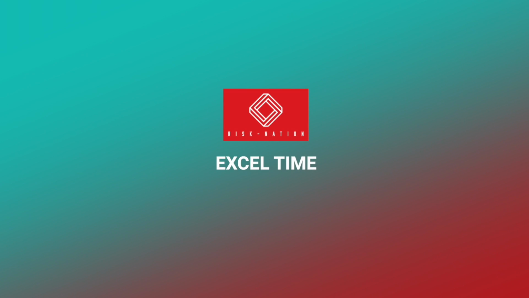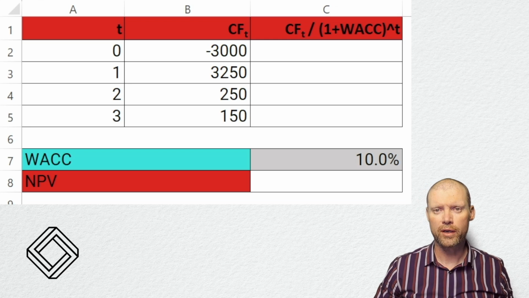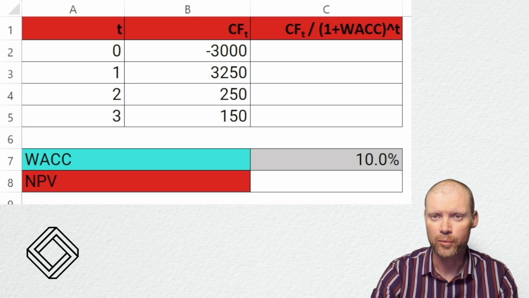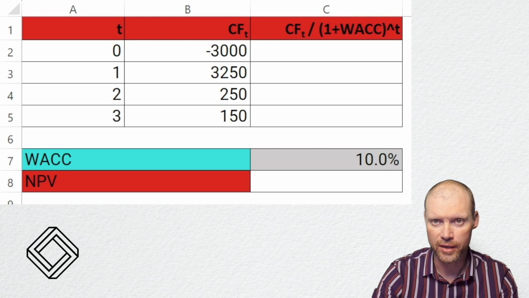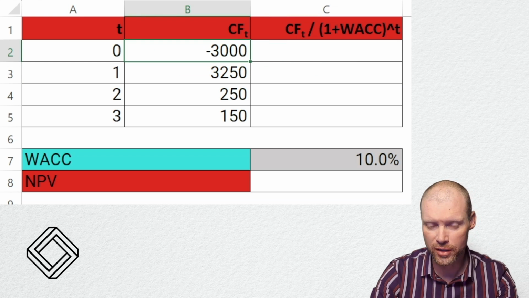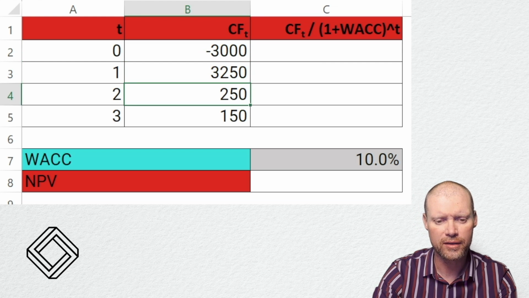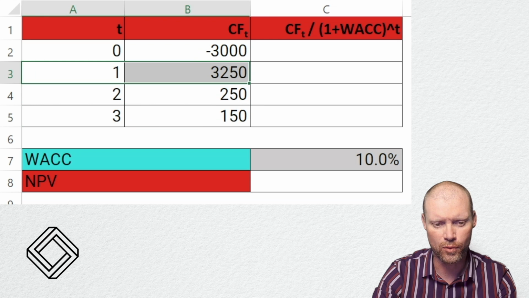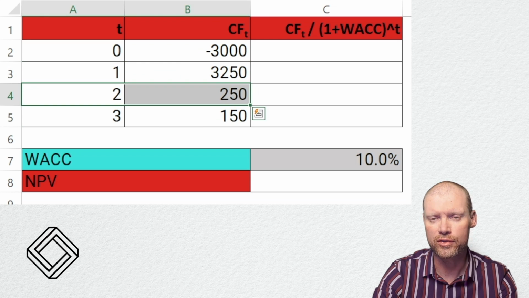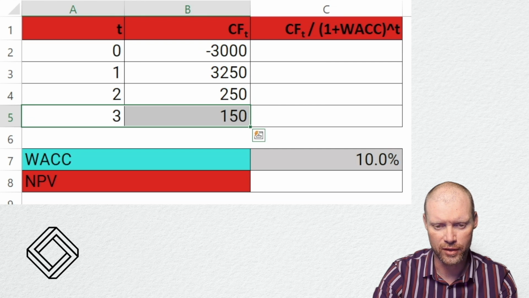So now let's go to Excel and perform these different calculations. Okay, here we are in Excel, and we are evaluating project A. We have these cash flows, the 3,000 initial investment, so in other words, minus 3,000, an outflow of cash, and then the associated inflows for year 1, 3,250, at the end of year 2, 250, and year 3, $150.